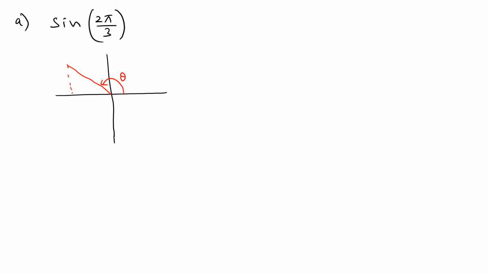So what we need, we know by ASTC, this is sine, which is in the second quadrant, so it has to be positive. And then for sine, what we need is a reference angle. Since this is 2 pi over 3, let's count.